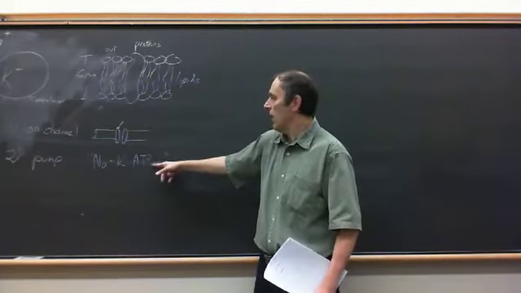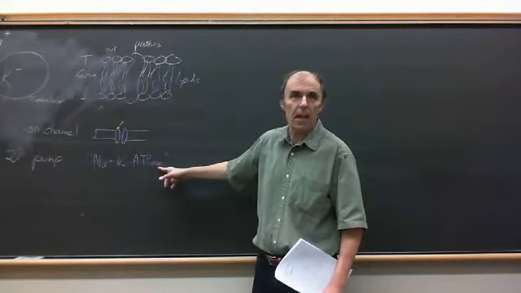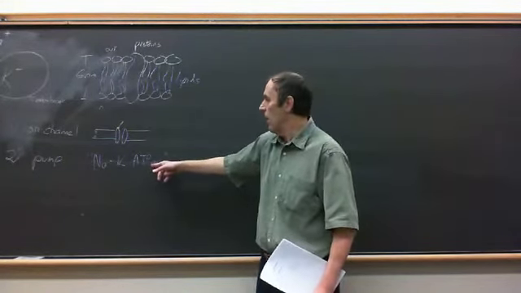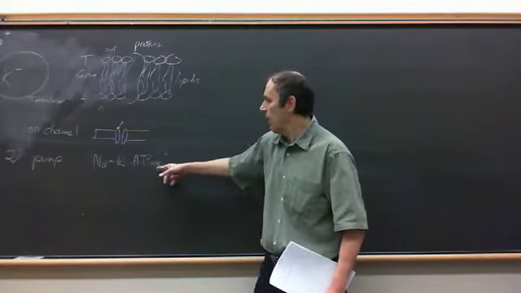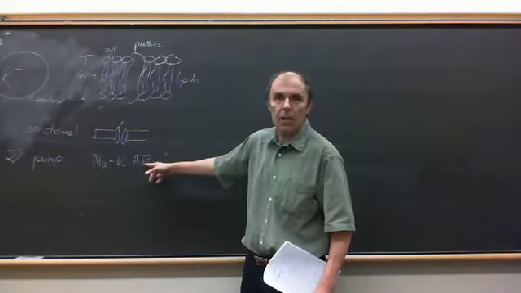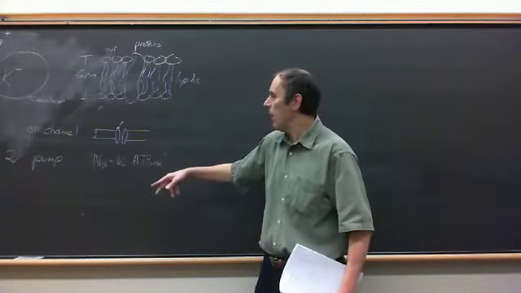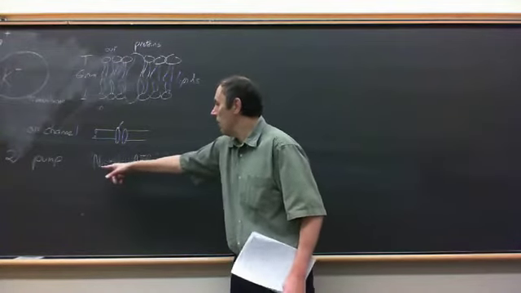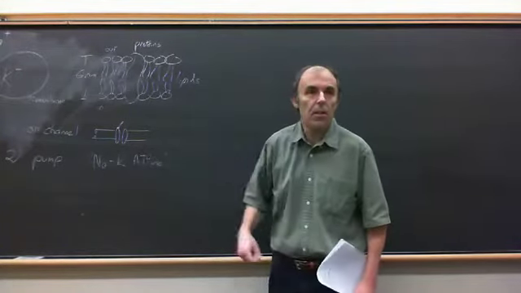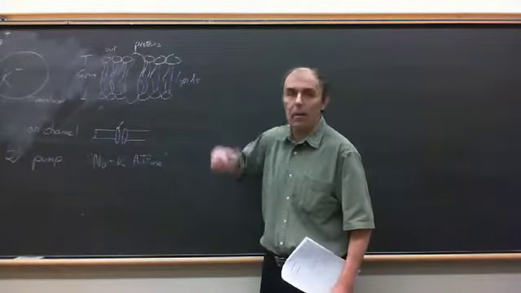Any molecule that ends with "ase" is usually some enzyme, some protein molecule that catalyzes something. ATP is where you get your biological energy. So this is a protein that uses biological energy to pump sodium and potassium across the cell membrane, pumping sodium out and potassium in.